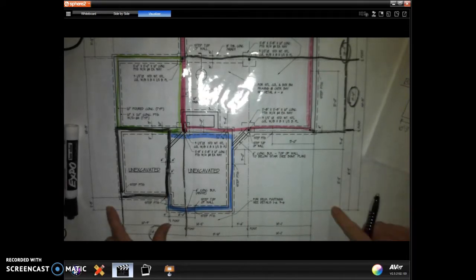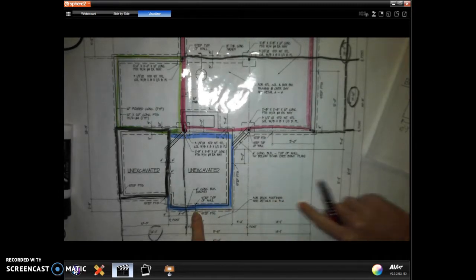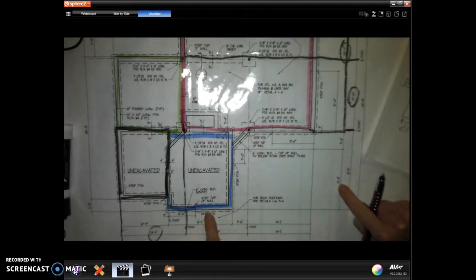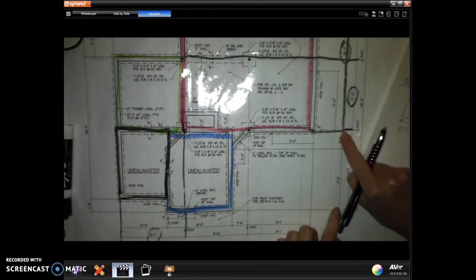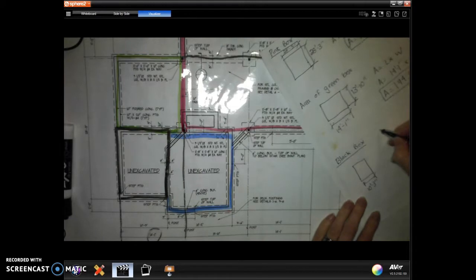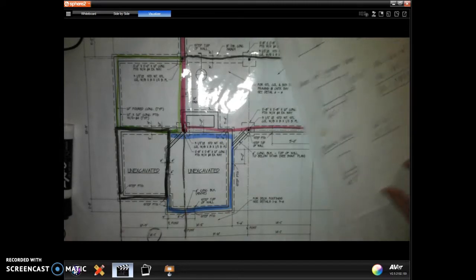Yeah, you're going to have to subtract. So actually, if you look over here, this dimension of this blue box is 12 foot 11 and 3 foot 6. So we're going to have to take 12 foot 11 inches plus 3 foot 6 inches.